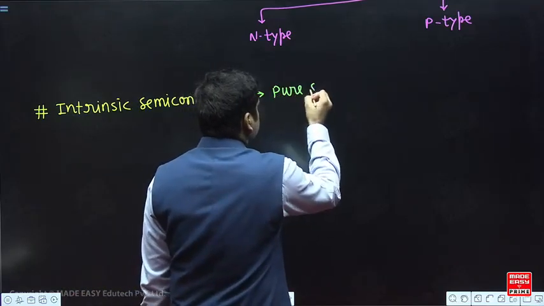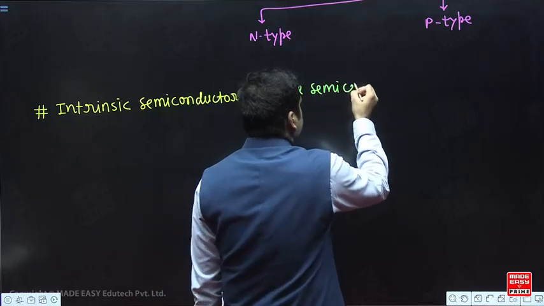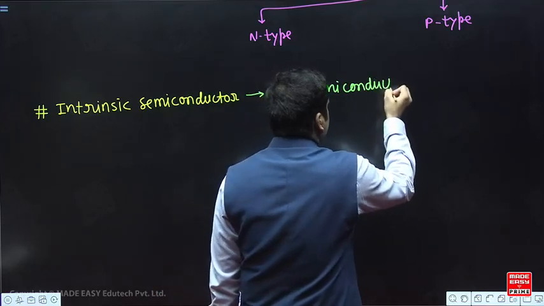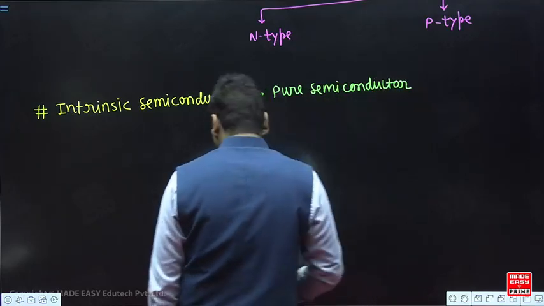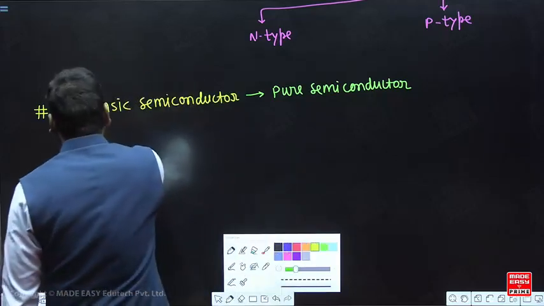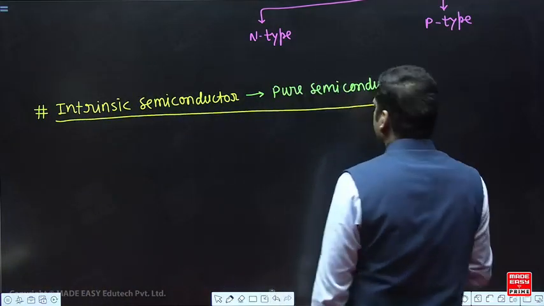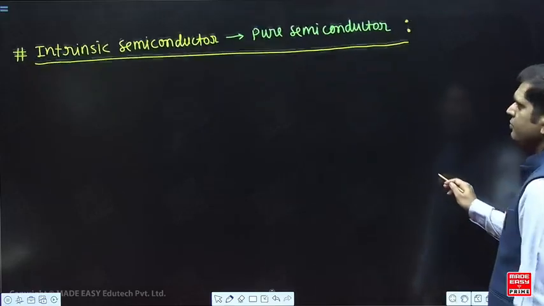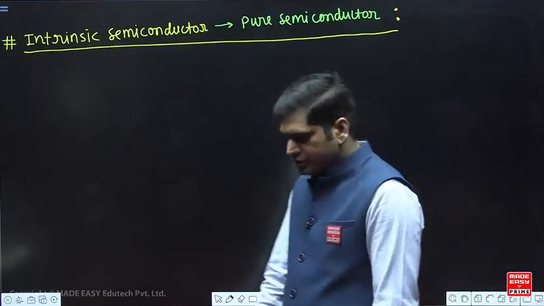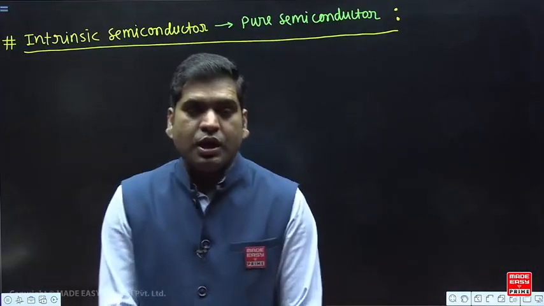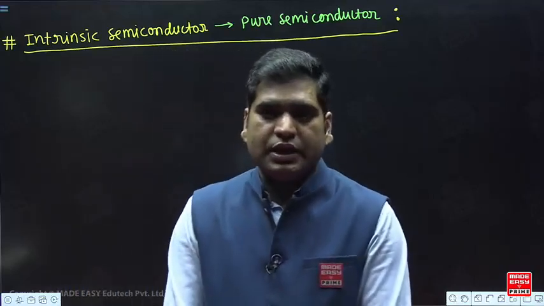Intrinsic means pure. So semiconductor in its purest form is known as intrinsic semiconductor. कोई भी semiconductor अपने pure form में intrinsic कहलाता है.